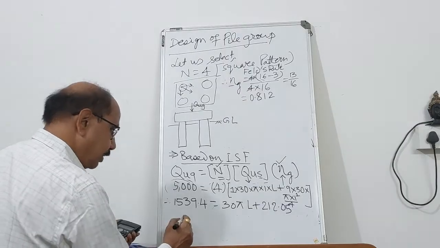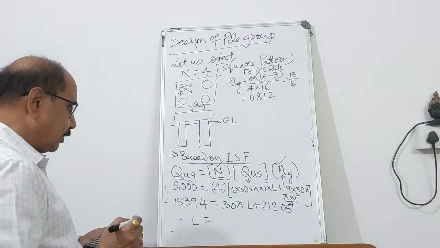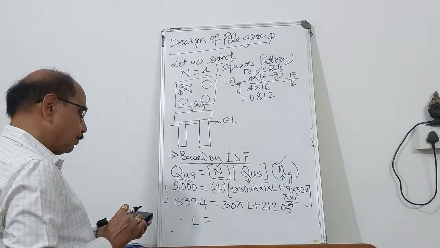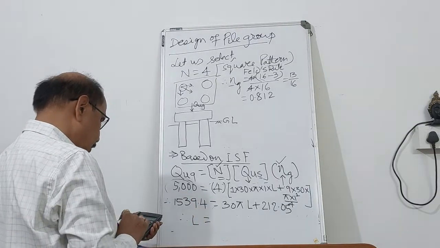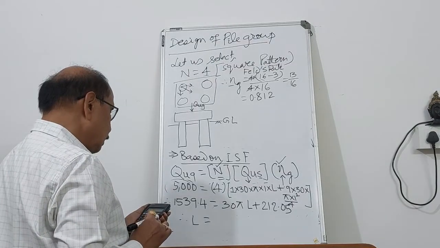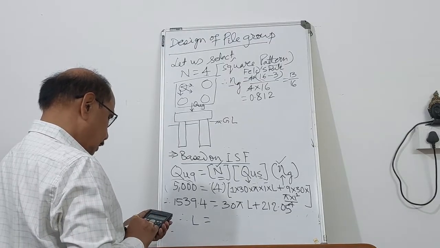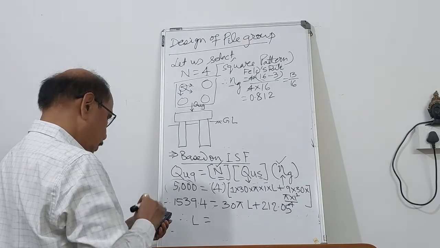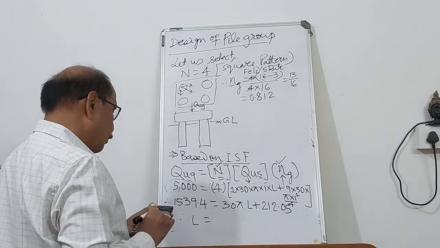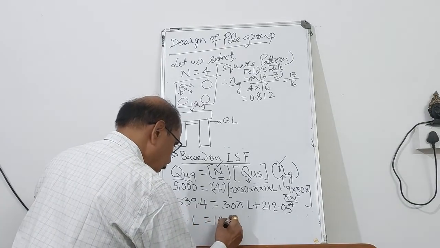So finally, L can be calculated: 1539.4 divided by 40 into, is equal to 14.08 meter.